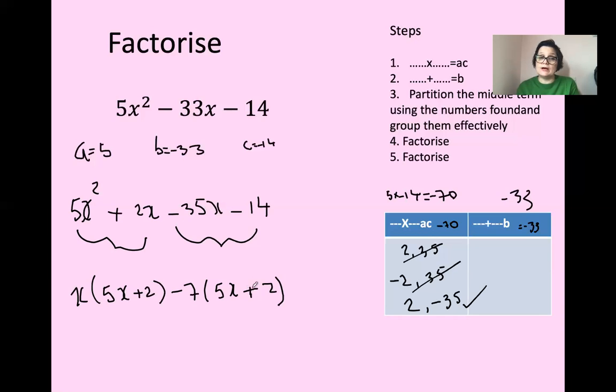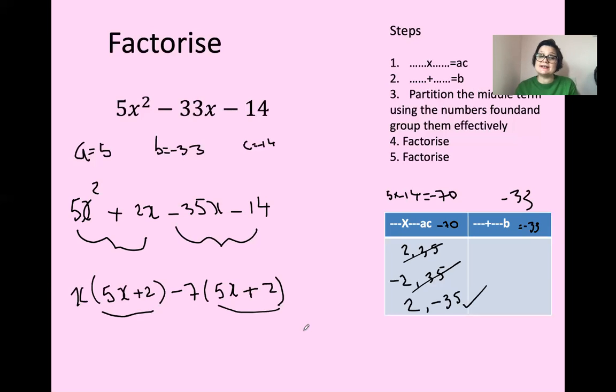There are two reasons why we changed minus to plus. First, there is a minus here outside the bracket, and if you expand, you see it becomes minus 35x minus 7 times plus 2 minus 14, because you put the minus inside the bracket with the minus outside, so you have to change the sign. And the other clue why it should be 5x plus 2 is this bracket here.